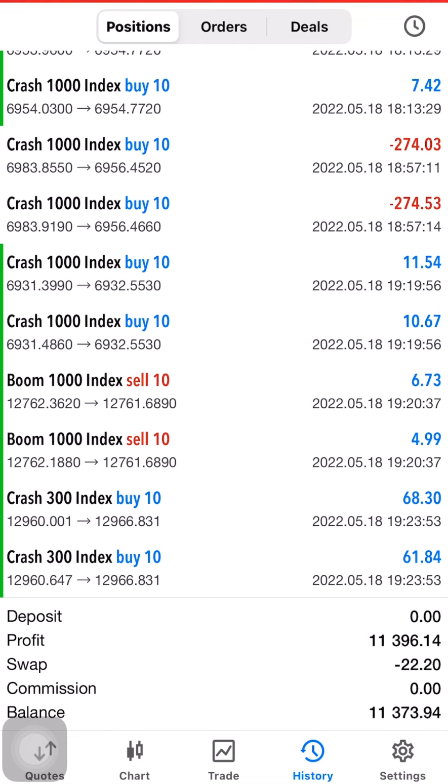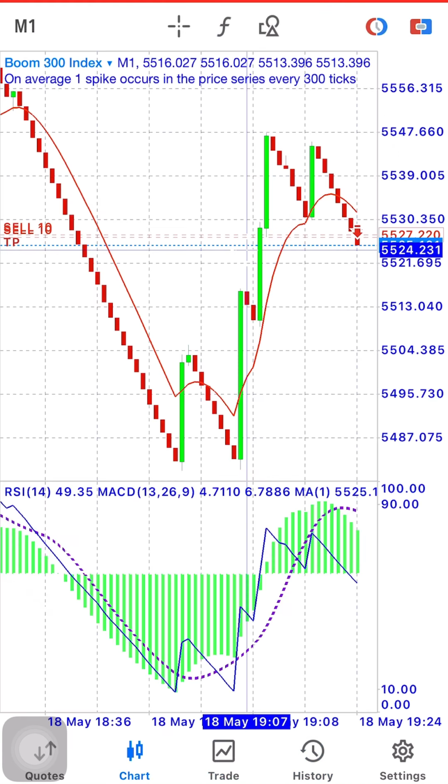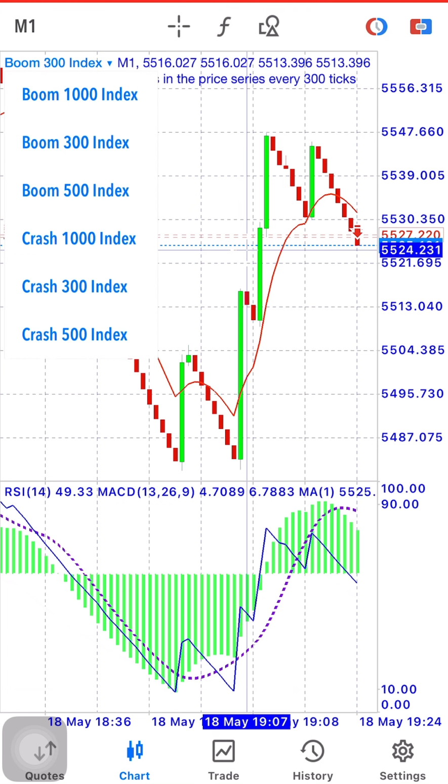If we check our history, you will see that on crash 300 we entered two positions. The market got to that point at 68.30 and 61.84, and it automatically collected the profit and closed the market for us. So all the ones we've done so far, if you look at them, you see that we have gained a lot. This is how to use price action.